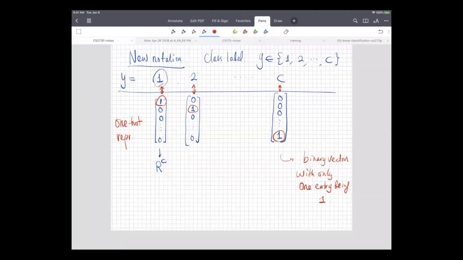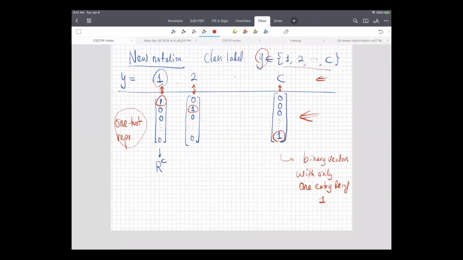From now on, most of the time, we're going to stick with the one-hot representation instead of the original class labels. So for now, let's assume I'm going to represent the class labels using this kind of one-hot representation instead of the integer representation.